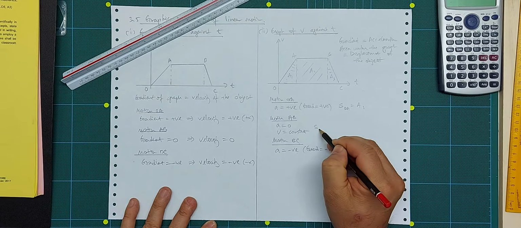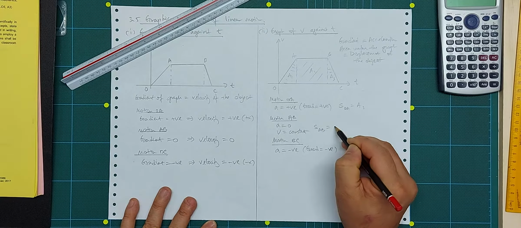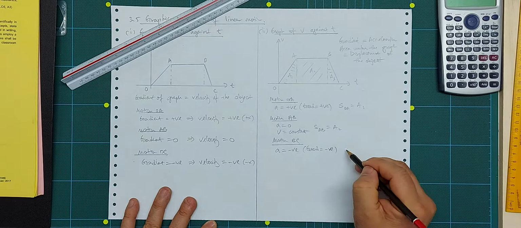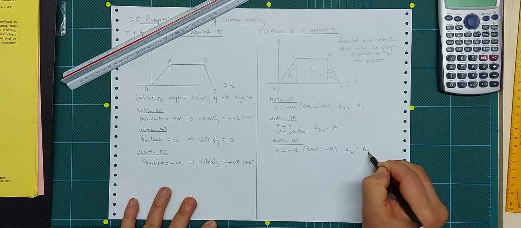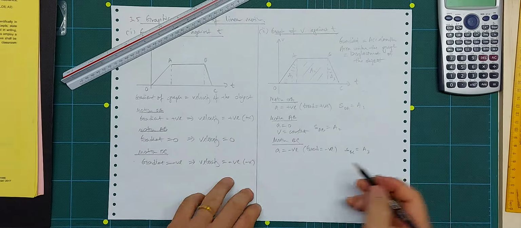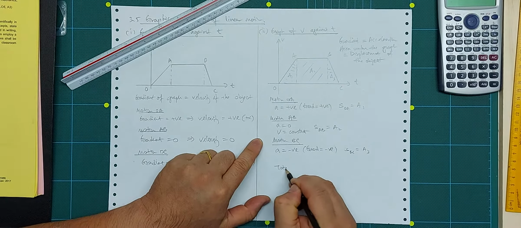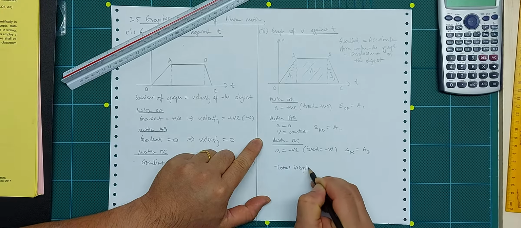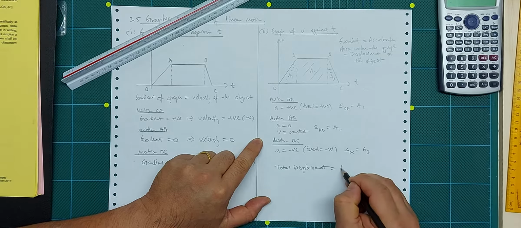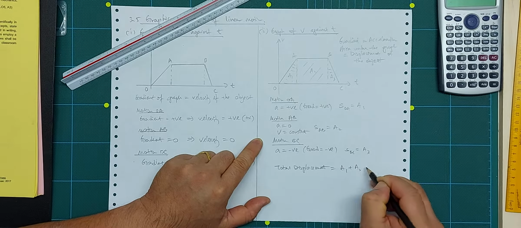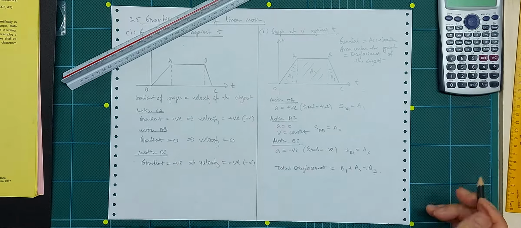Displacement for AB is area A2, and the displacement for BC is area A3. If I ask you the total displacement, it is A1 plus A2 plus A3.